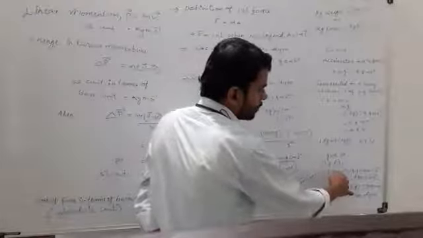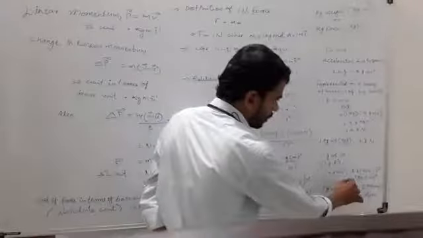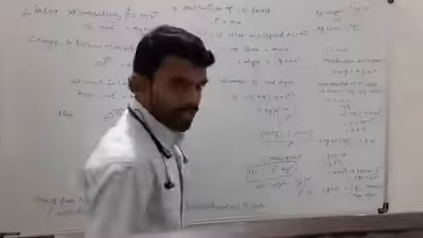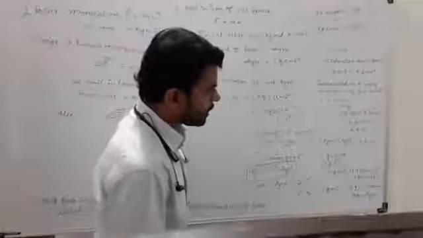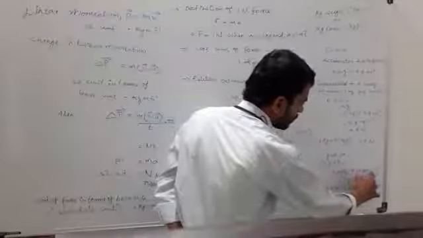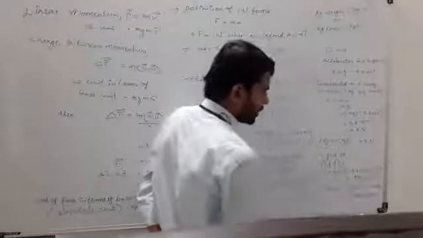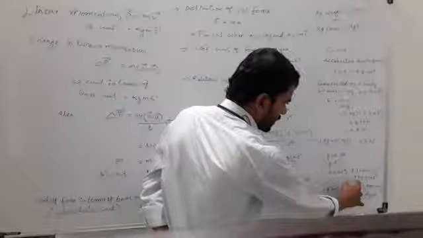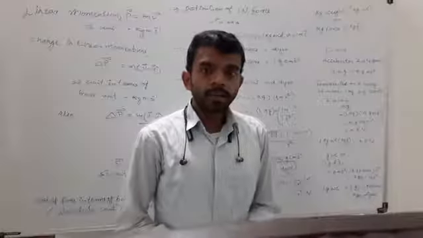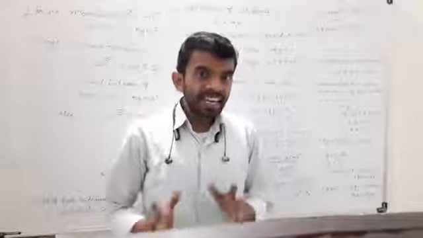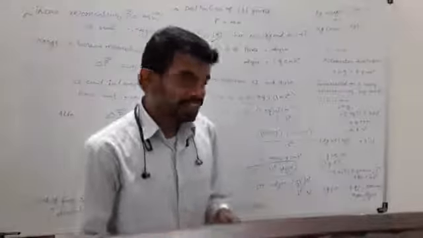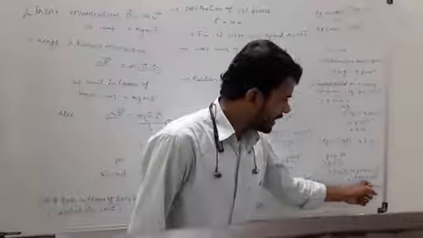Now 9.8 meter per second square is nothing but 9.8 into 100 centimeter, since 1 meter is 100 cm, per second square. In second there is no difference. So that is 980 centimeter per second square. So the acceleration due to gravity in SI system is 9.8 meter per second square, whereas in CGS system it is 980 centimeter per second square.